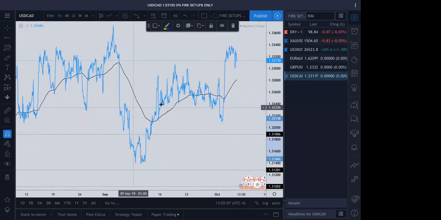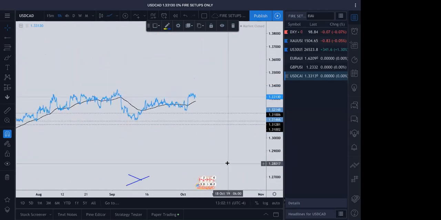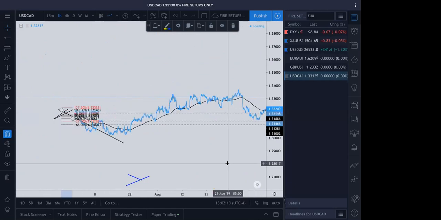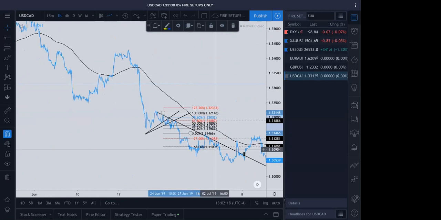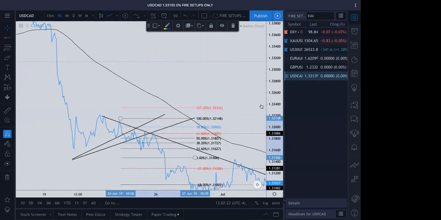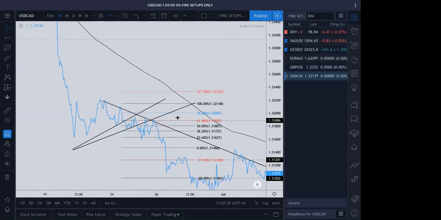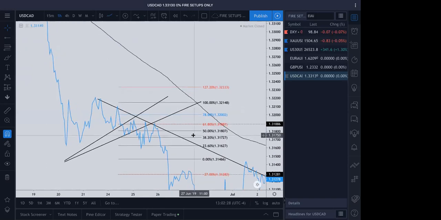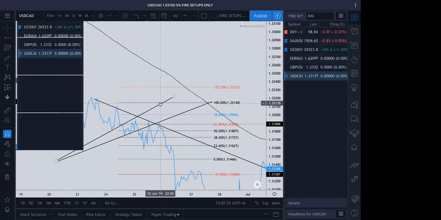Zoom out a little bit, please, first. There it is. Okay, let's check the 61.80 level. And let's try to find the closest point on the 61.80. I think this one is perfect.